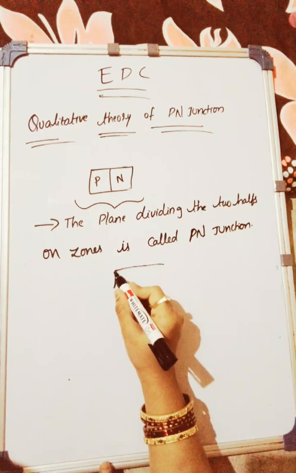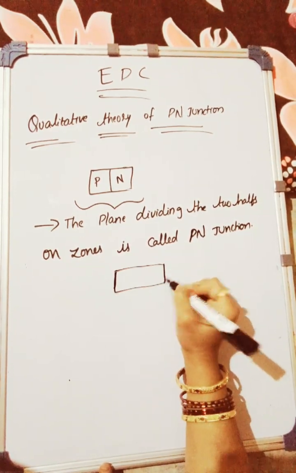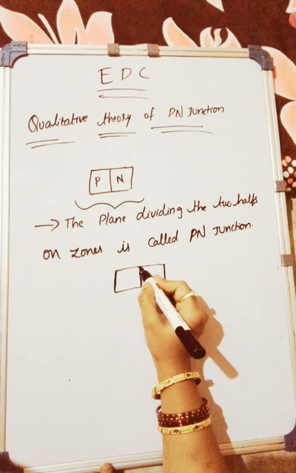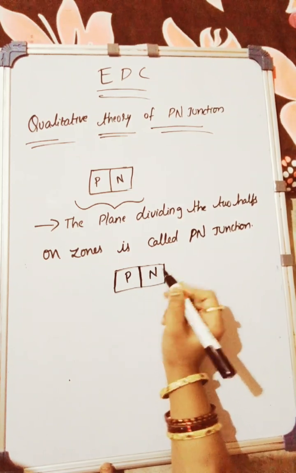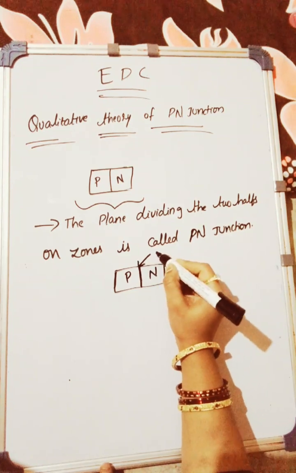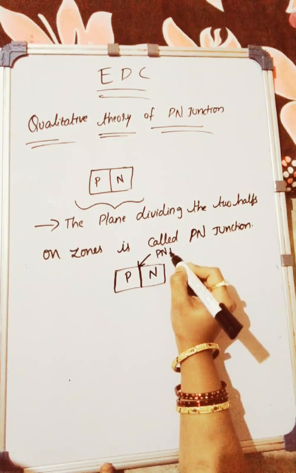Here, the plane that divides the two halves, this half has p-type impurities and this half has n-type impurities. This part is called the PN junction.